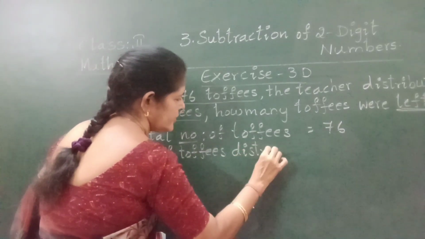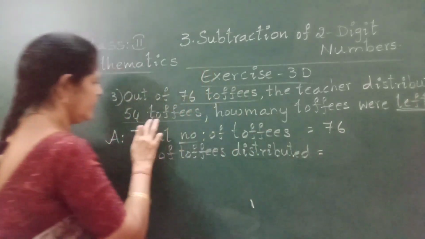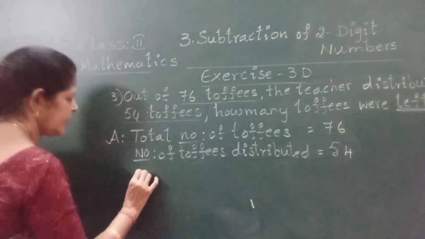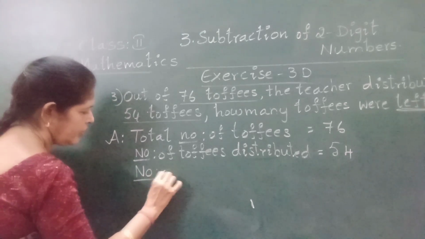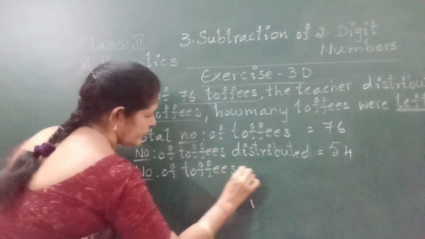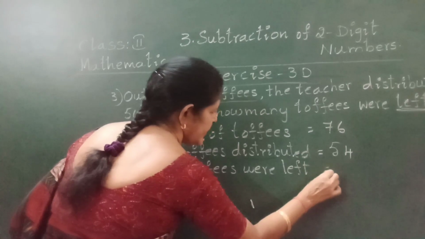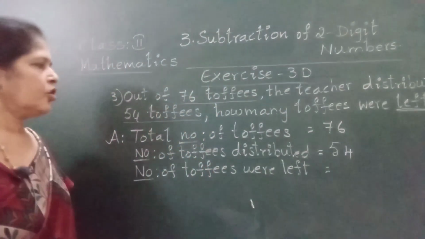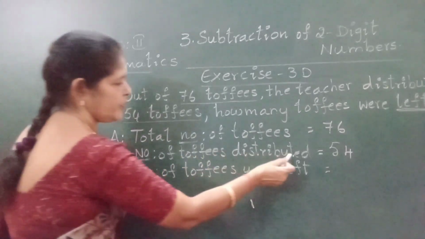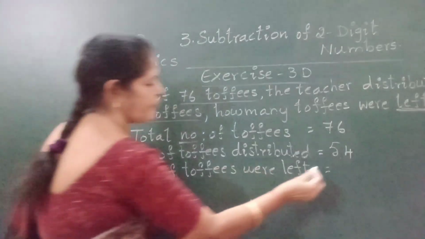Already she distributed how many? 54. Right? 54 below 76. Third one, number of toffees left. Left means remaining toffees. Total toffees are 76. Number of toffees distributed equal to 54. Number of toffees left.